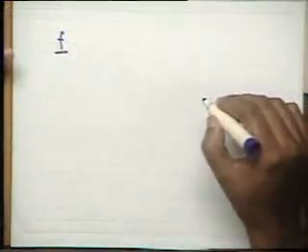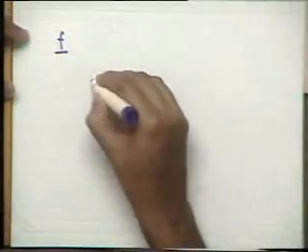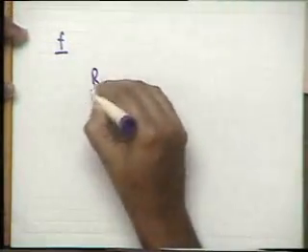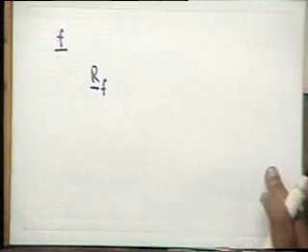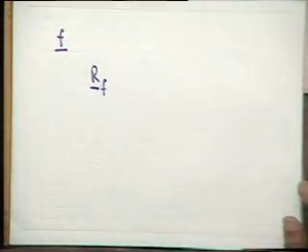Let us define the correlation matrix for F. F means the undegraded image, which I am denoting by the vector F. So Rf, the correlation matrix of F. If F is of size N, then what should be the size of Rf, the correlation matrix? N by N. And what is going to be the definition of the correlation matrix?